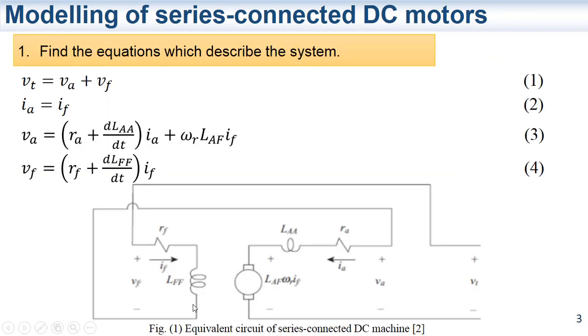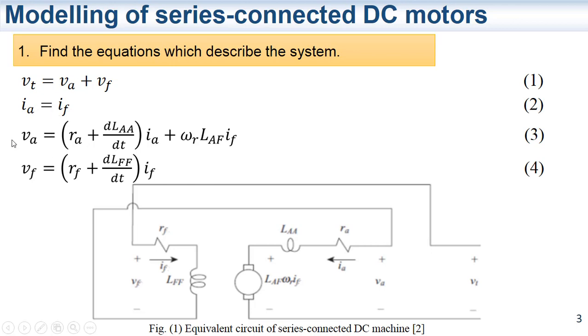Now since the machine is connected in series, the armature circuit and the field circuit are connected in series to the same voltage source, which is Vt, as shown in figure 1 and presented in equation 1. Since both circuits are connected in series, the field current and the armature current are equal.